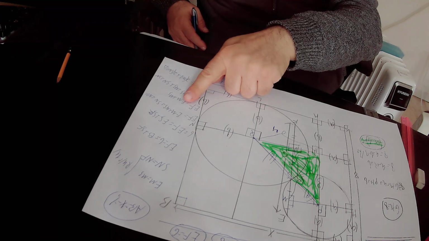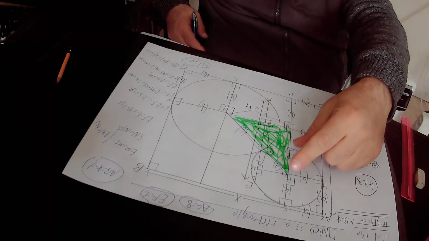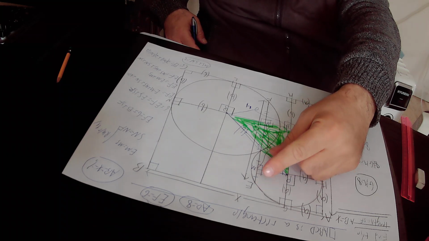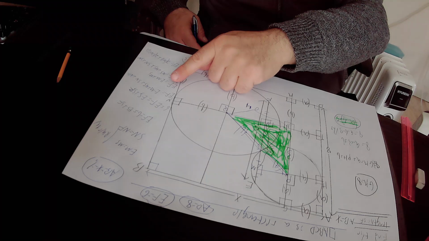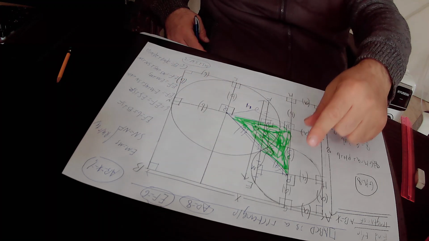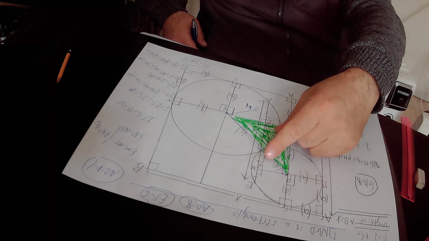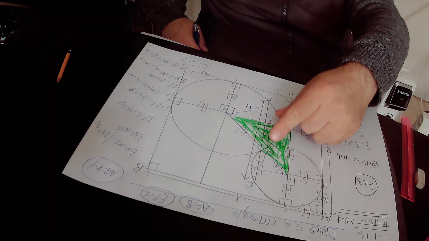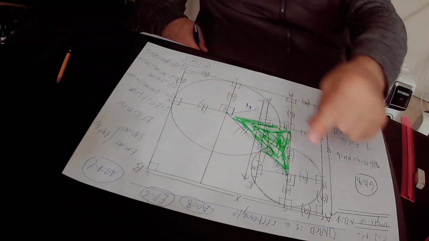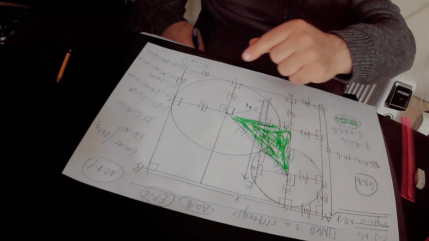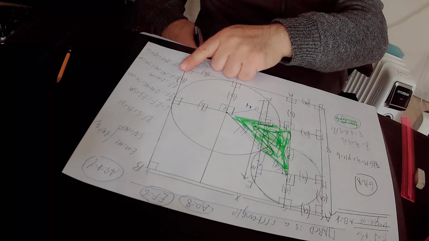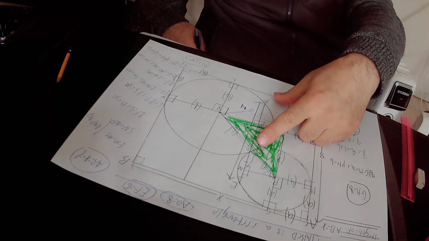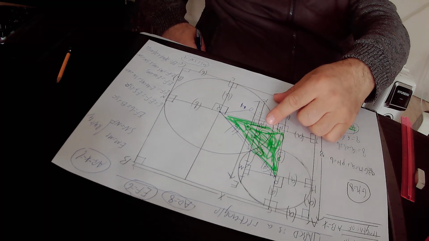So EF equals EM plus MS. But we know that EM equals MS, so we can substitute EM by MS. ES will be equal to MS plus MS, because EM equals MS. So EF equals MS plus MS plus SN plus NF.